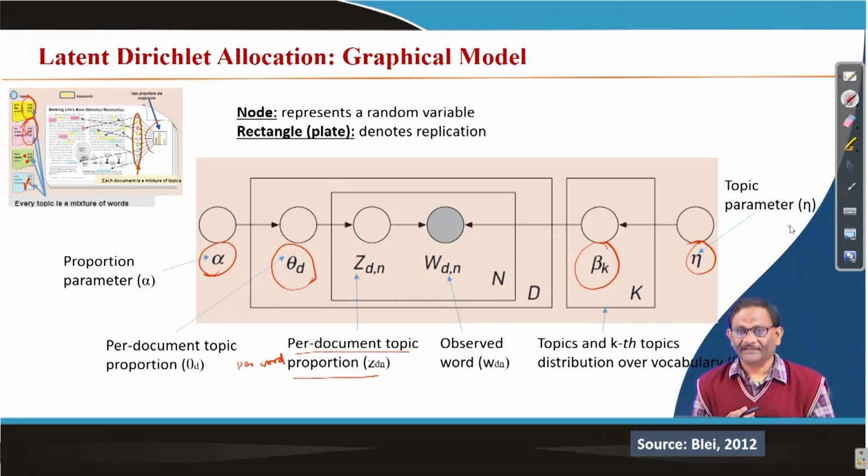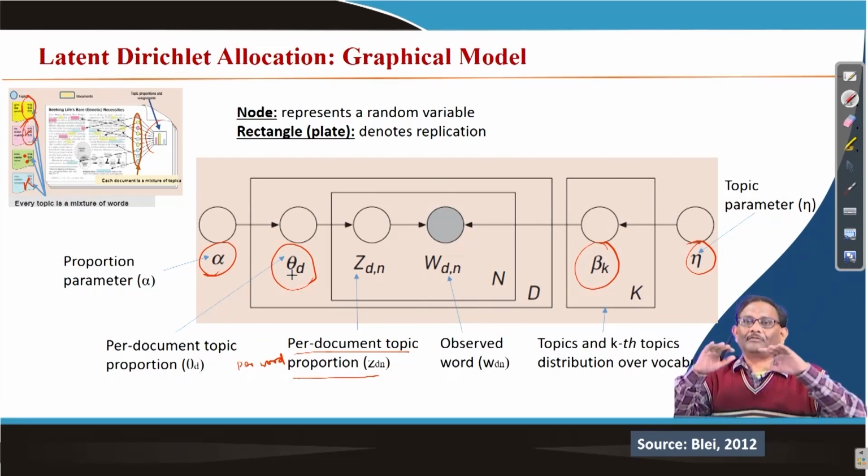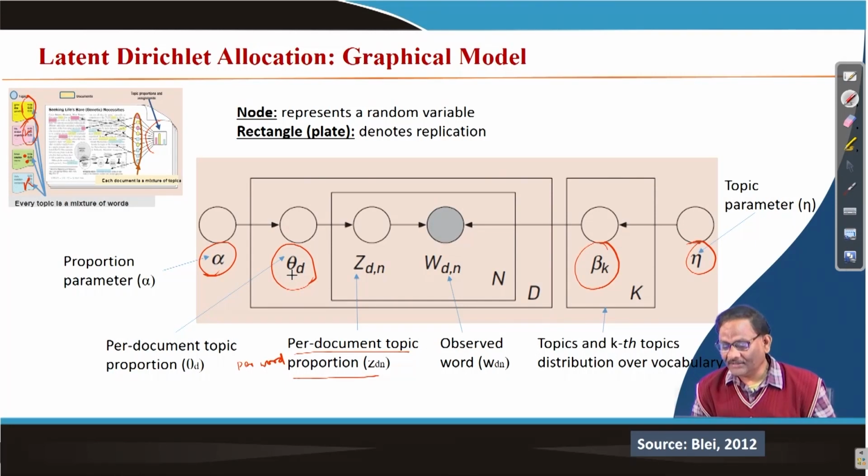Intuitionally you can think like this. Basically what we are saying: first, here theta d is how many topics will be there in a document, and beta k means, in a topic, considering the total vocabulary, how many words you will be choosing.